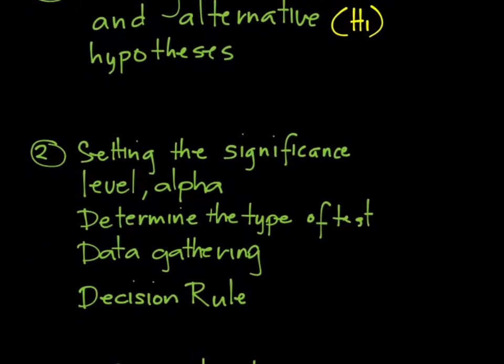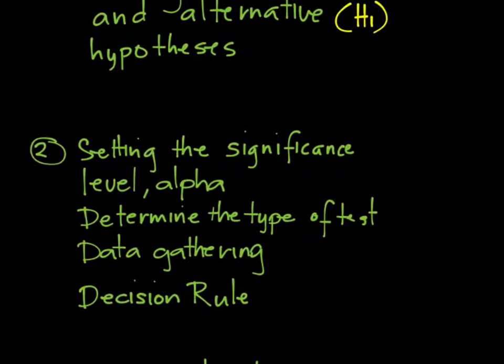Now the next step, after we know the null and alternative hypothesis of our study, we need to set what we call a significance level, alpha. This is very important when we conduct a study, that we set the significance level.